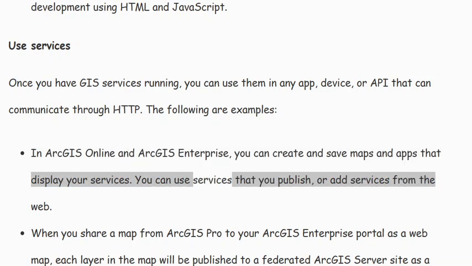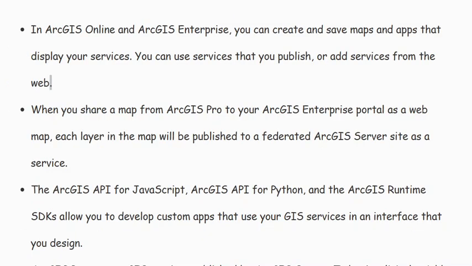You can use services that you publish or add services from the web. When you share a map from ArcGIS Pro to your ArcGIS Enterprise portal as a web map, each layer in the map will be published to a federated ArcGIS Server site as a service.